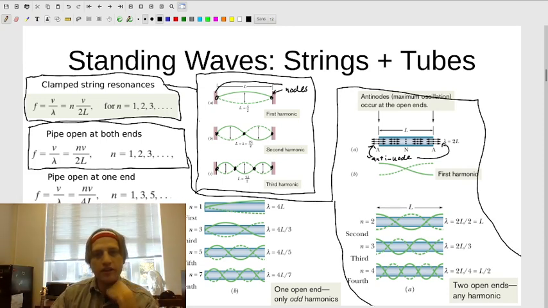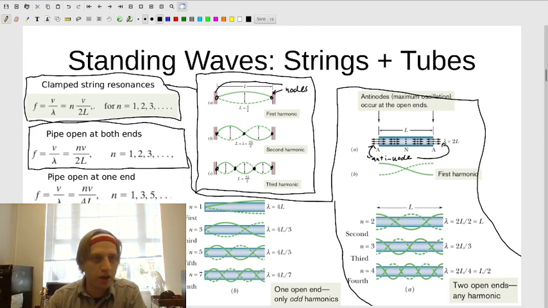And then our third case is a little bit weird. You'll notice the equations are the same for clamped string resonances and pipe open at both ends. The difference, of course, is that v in the clamped string refers to the speed of the wave on the string, and v in the other case refers to the speed of sound in air.